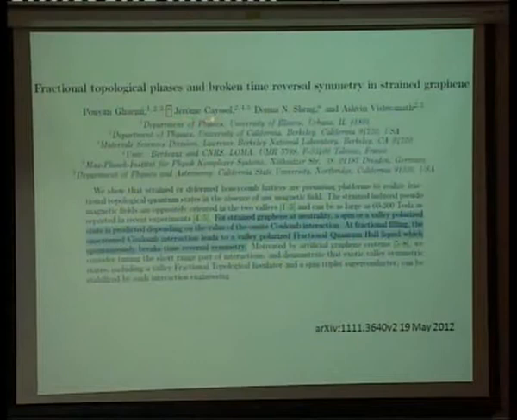I'd like to show here one paper published this summer from Ashvin's group, saying basically that in a strained graphene layer at fractional filling, in the absence of an external magnetic field, if one is able to fill it to fractional filling, one should expect interesting fractional quantum Hall states in the absence of magnetic field that spontaneously break time reversal symmetry. It doesn't say, but also in the absence of disorder, which is the topic of this talk. We're going in the direction of the absence of disorder.